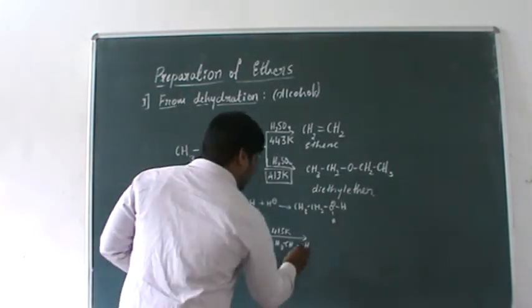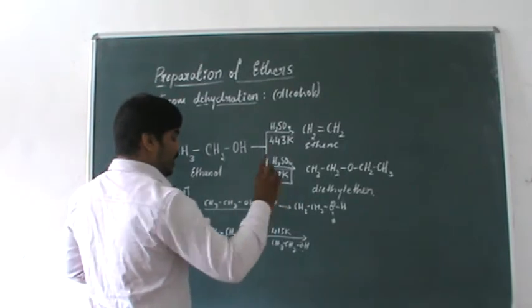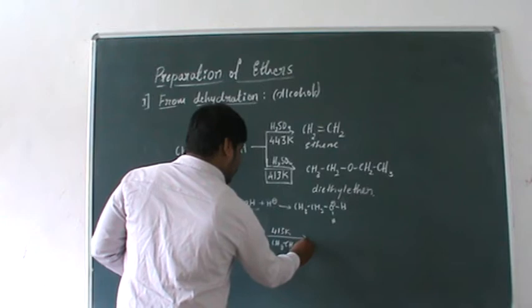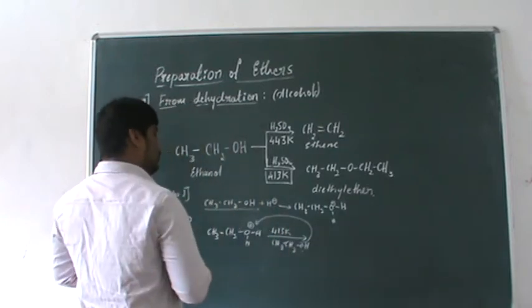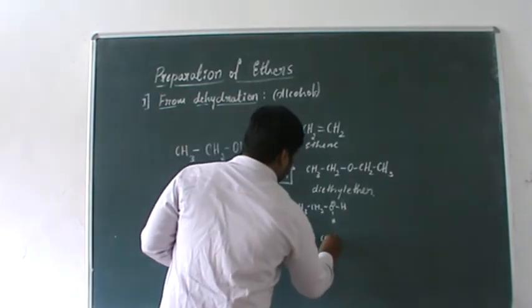Alcohol acts as a nucleophile. The oxygen carries excess electrons and acts as a nucleophile, and it attacks the protonated alcohol and it produces CH3.